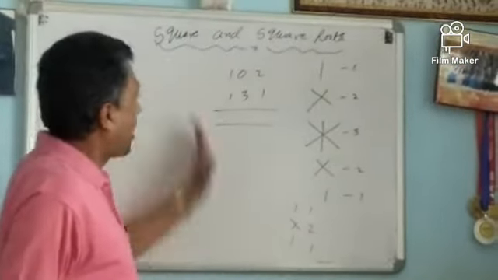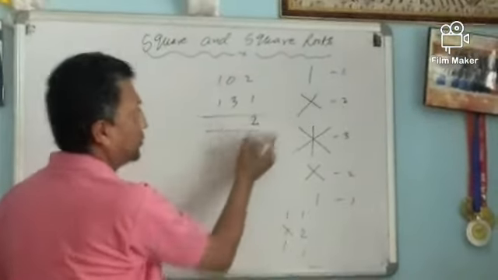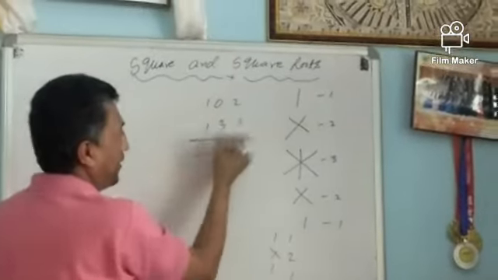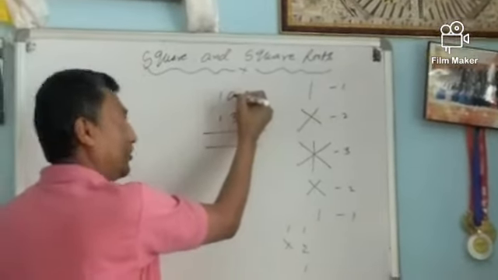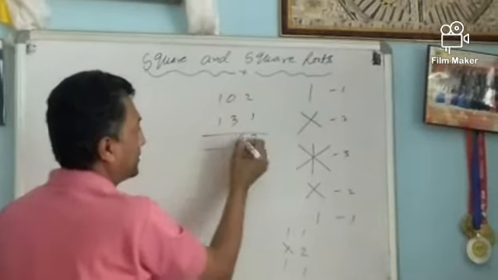Now how to multiply? Single means 2 ones are 2. Again double: like this way we double, 1 0, we know 0, 3 2s are 6. So 6 and 0 is 6 only.